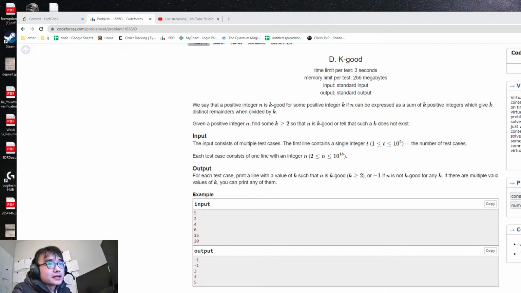Why? Sorry, I missed a 2 here. When you multiply each side by 2, you should have a 2 here, right? So this is an even number.